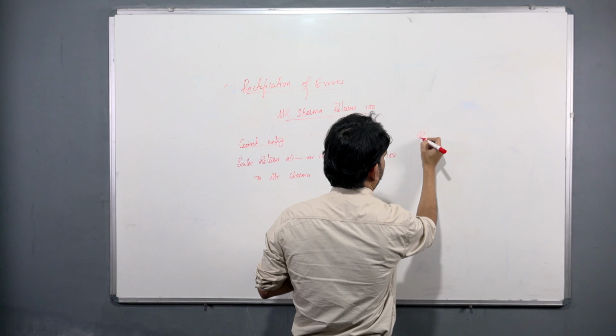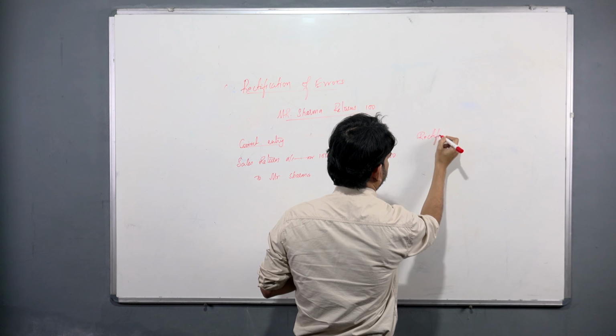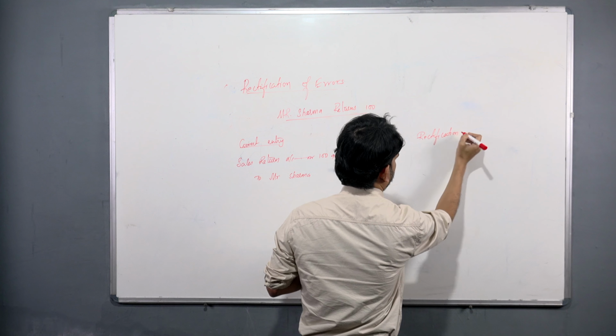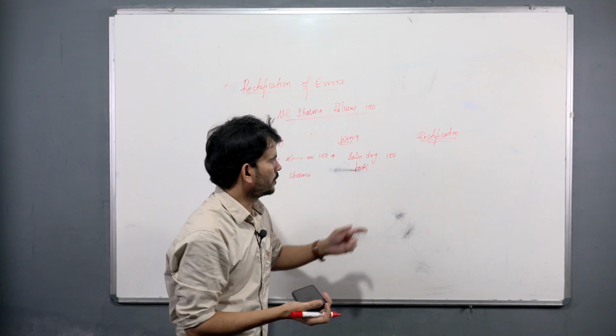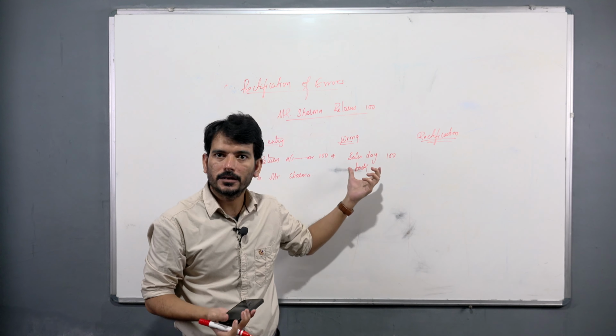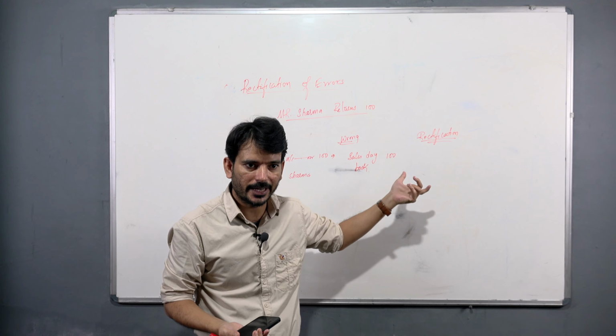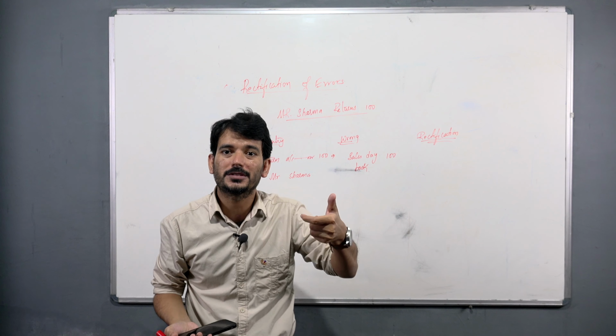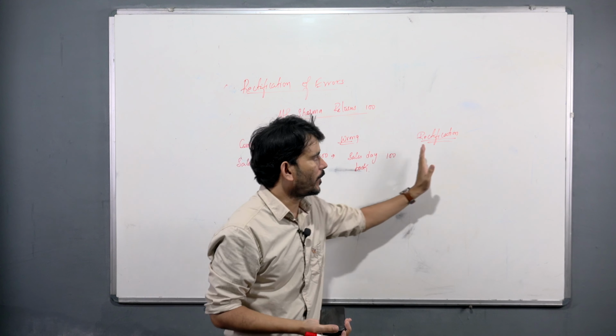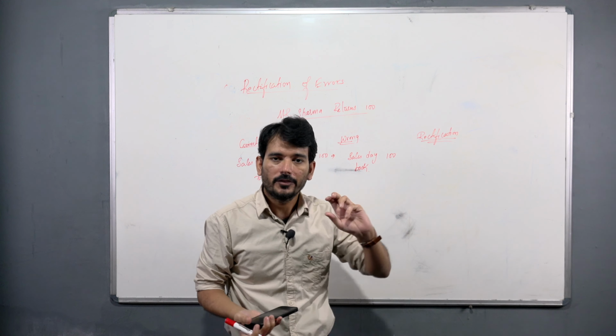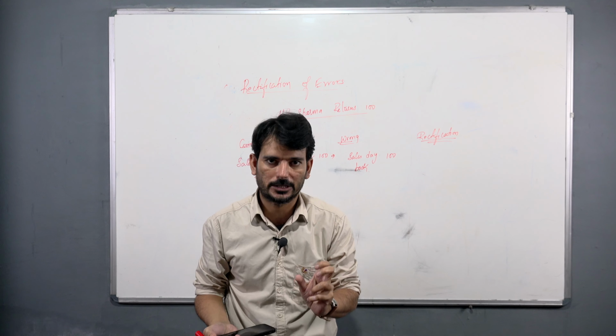Now, rectification of entry. Because we are taking only one leg, and for every transaction we need to have debit and credit, right? So we have made a mistake only in one leg, the sales day book. So obviously we would have used a suspense account. So now, while rectifying the entry also, we will be using the suspense account.